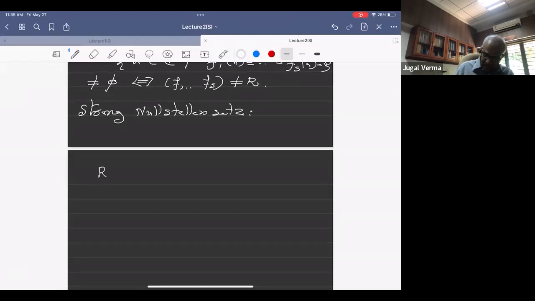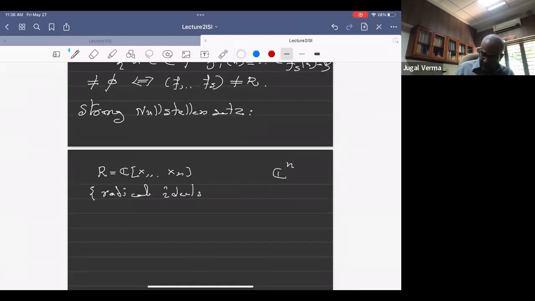So on one hand, we have ideals in our ring in n variables over the complex field, and on the other hand, we have the n-dimensional affine space Cn. And here we look at radical ideals, that is, ideals which satisfy the condition that I is equal to its own radical.